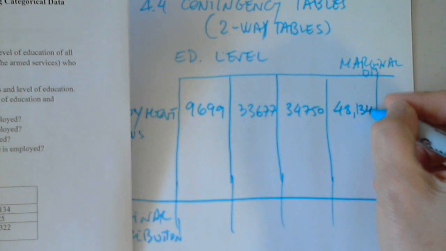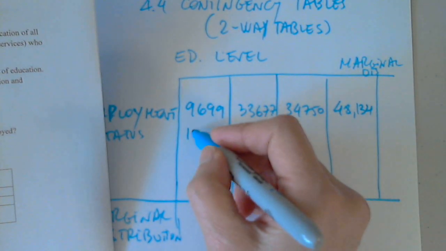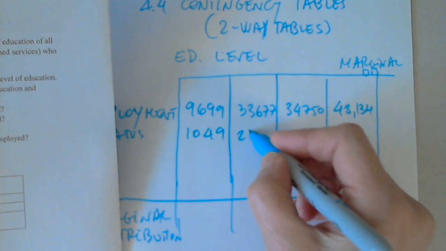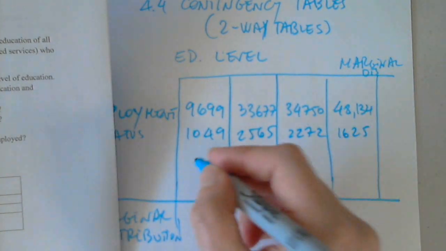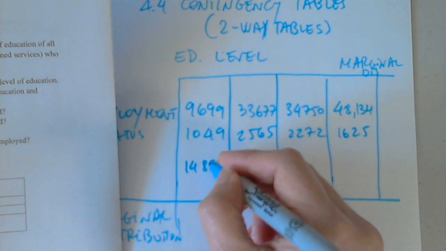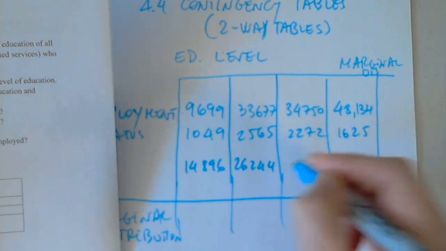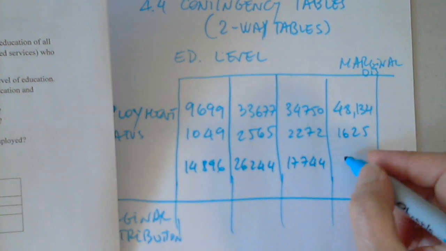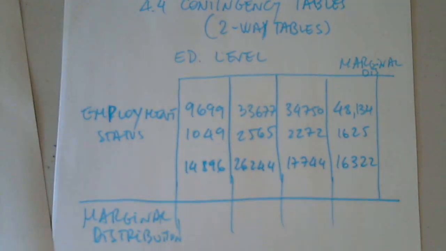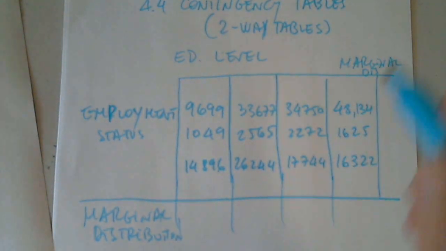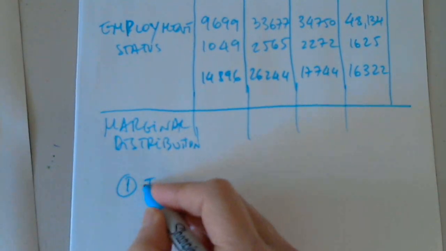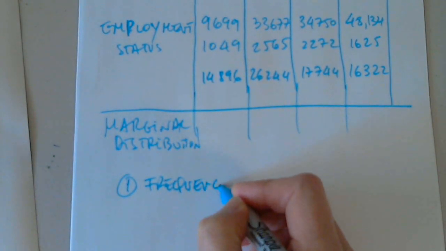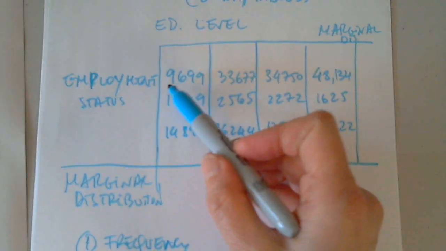Then the next one: 1049, 2565, 2272, and 1625, and the last one: 14896, 26244, 17744, and 16322. Okay. First of all, what is called frequency, and then relative. First, frequency. The frequency is basically the total.